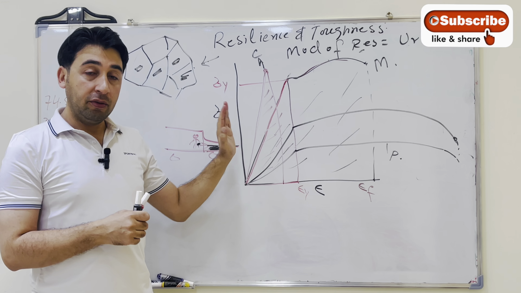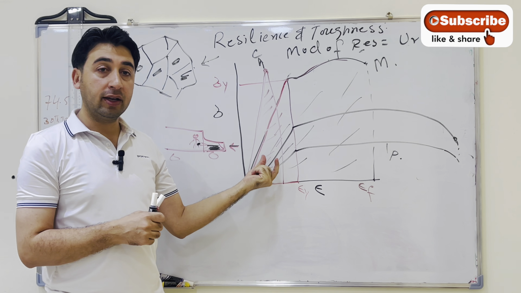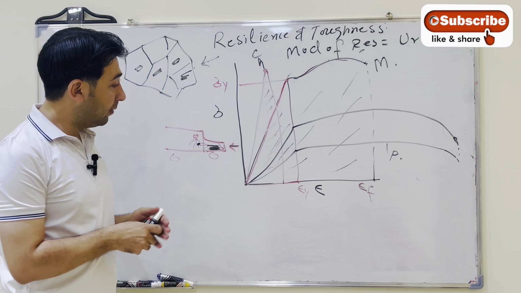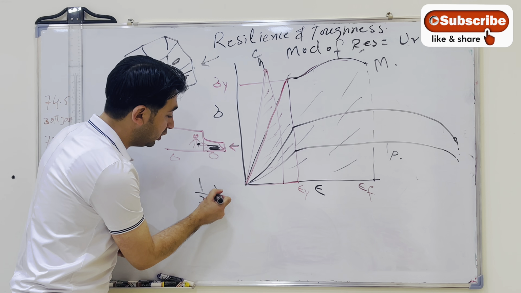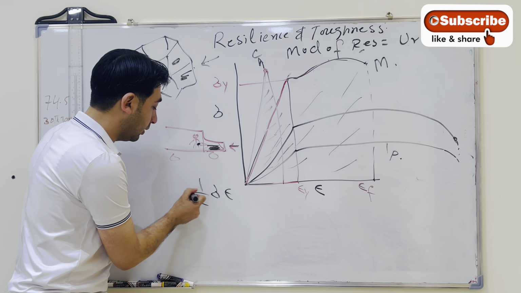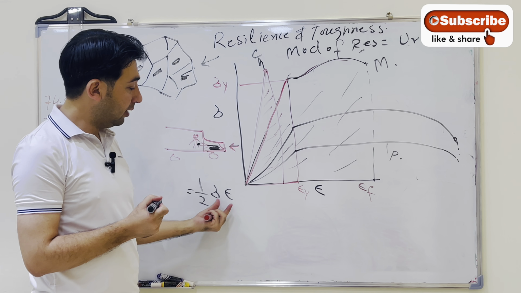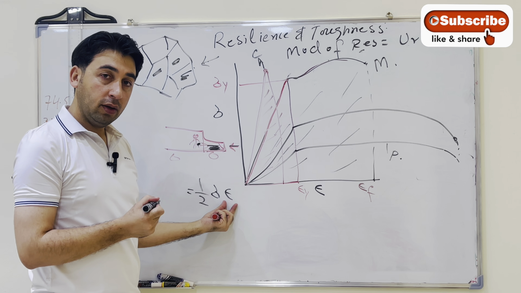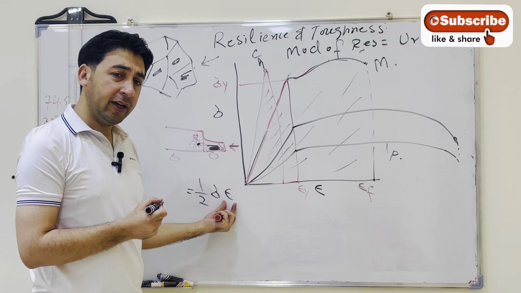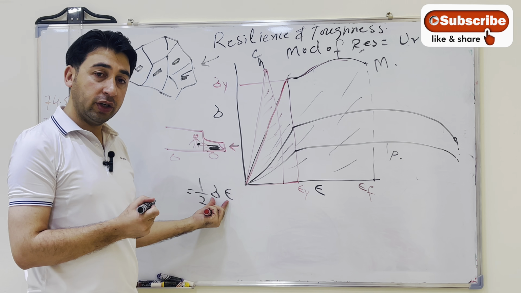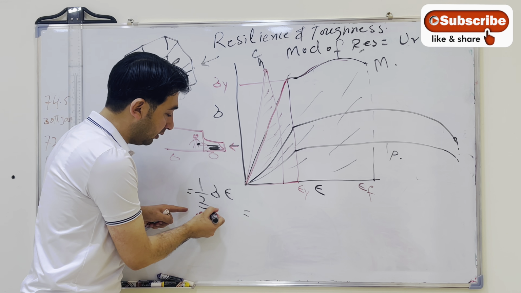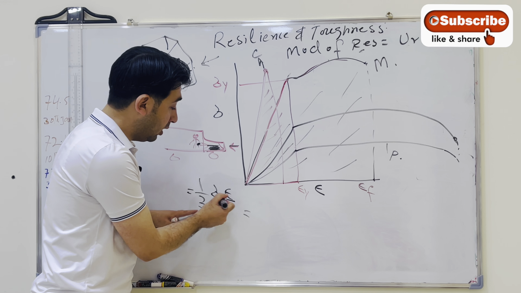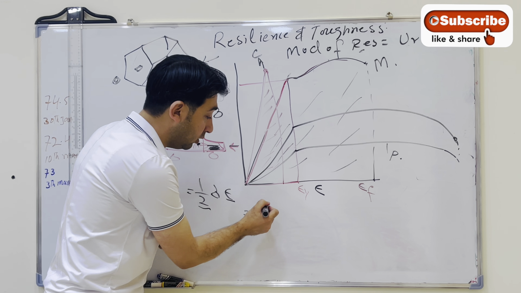Now resilience and toughness, both we are saying, are the area under the curve, right. So if it is the area under the curve, we say it is half times stress times strain. If it is energy absorbed by the material, then this unit should be an energy unit. But here, the half is constant, strain does not have any unit, and for the stress, what is the unit?